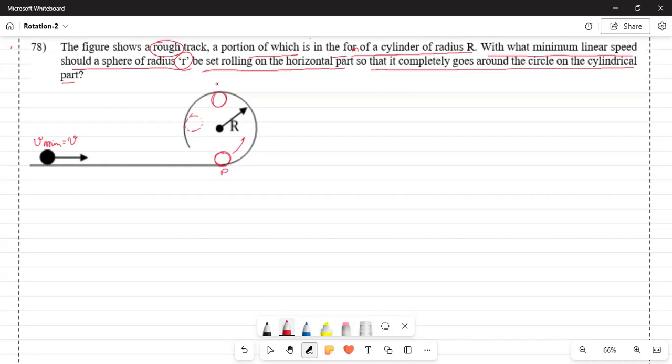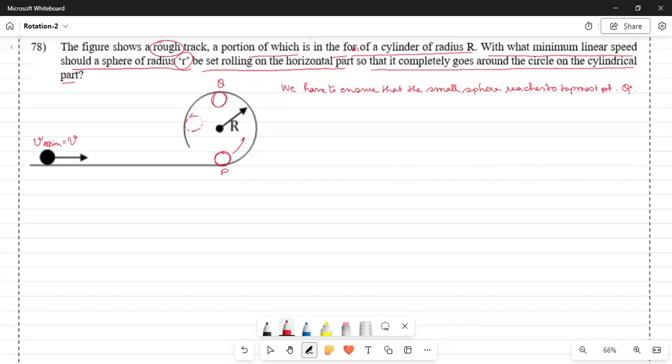Say this point P, say this point Q. So we have to see that the small sphere reaches the point Q. I write it here, we have to ensure that the small sphere reaches the topmost point Q.